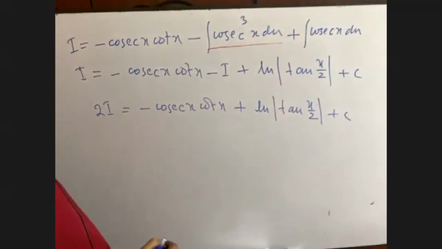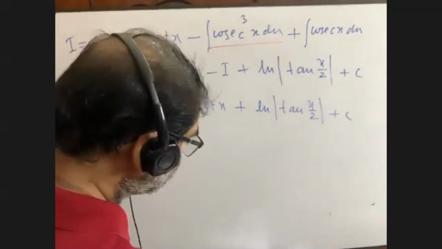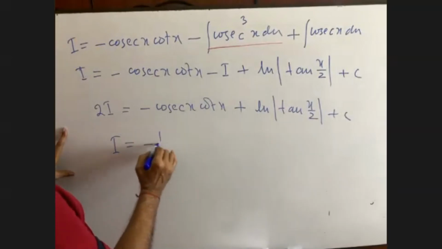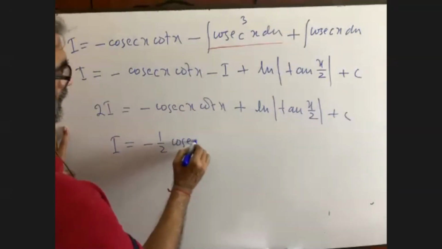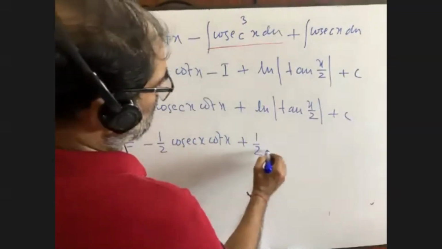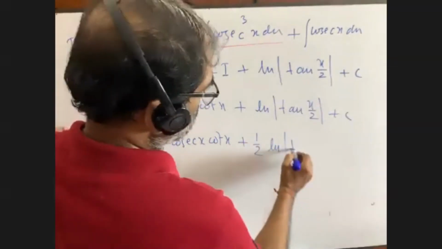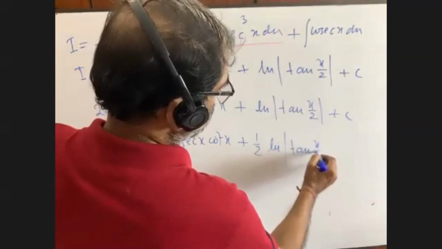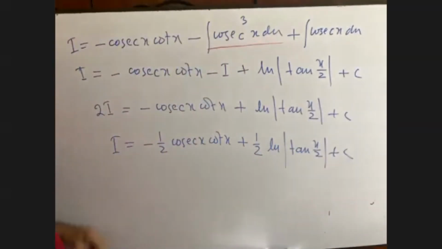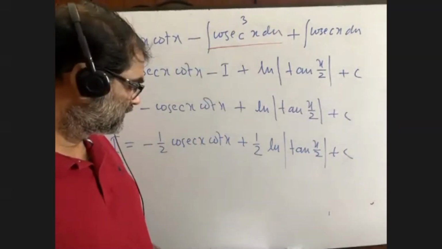So from here we can write down I is equal to minus half cosec x cot x plus half ln tan x by 2, then it is plus c, and we're done. Yes, it is done, sir.